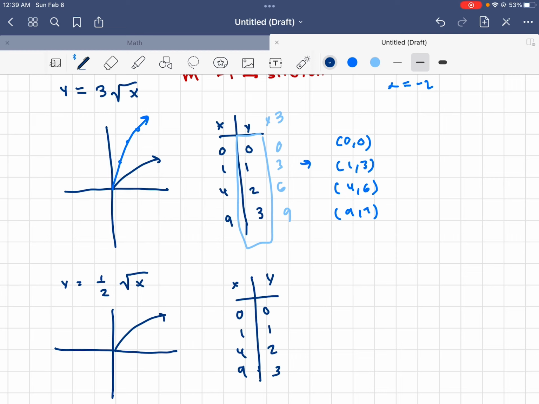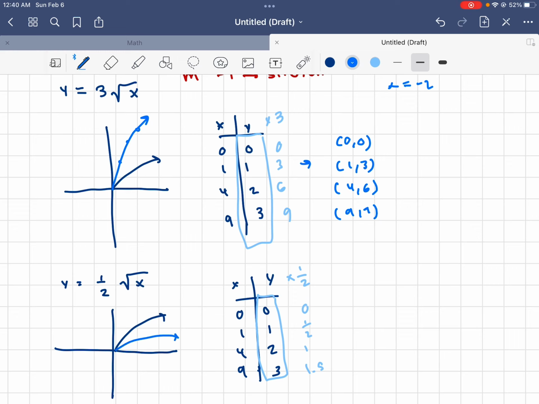And now we're going to multiply our y values by half, or 1/2. And you get (0, 0), (1, 0.5), and so on. So when you graph these new coordinate points, taking this as your x and this as your y, your graph will look kind of like this.